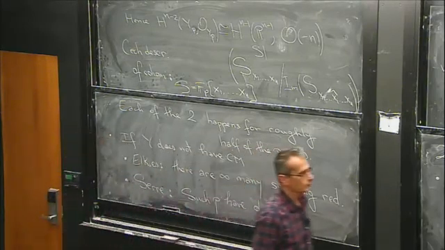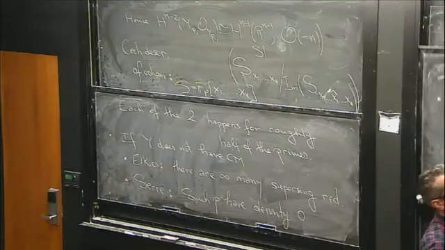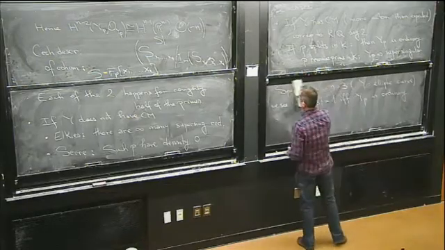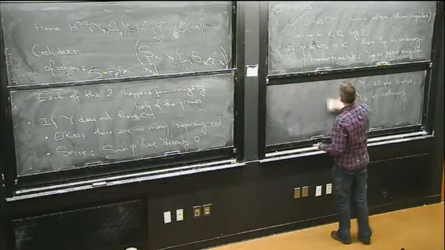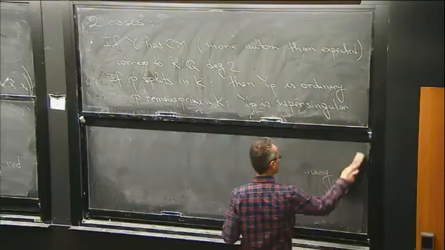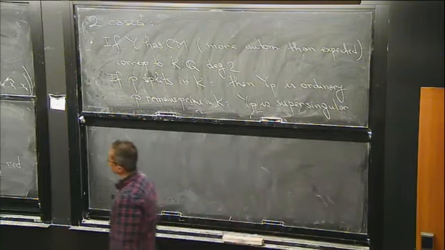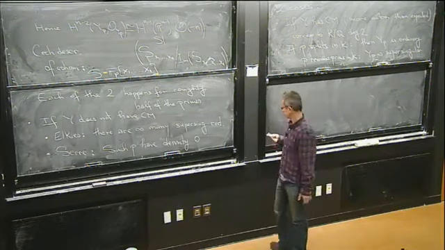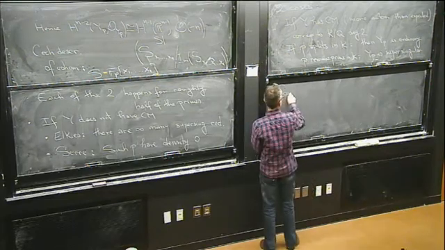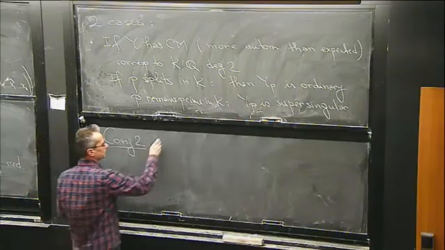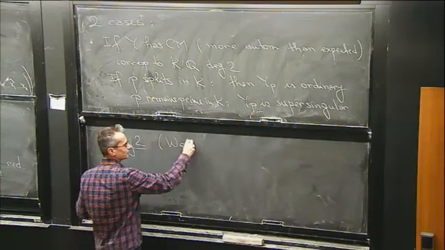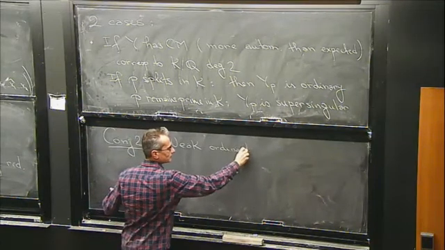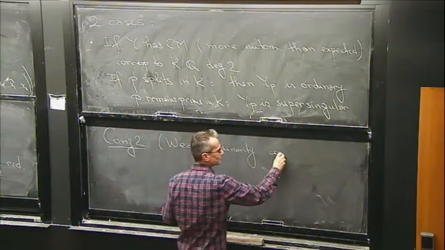All right, so now let me state another conjecture, which is somehow the arithmetic counterpart, the global counterpart to the previous conjecture. So what I claim is that something very similar to this example holds all the time. So conjecture 2, to which I'll refer as the weak ordinarity conjecture, says the following.